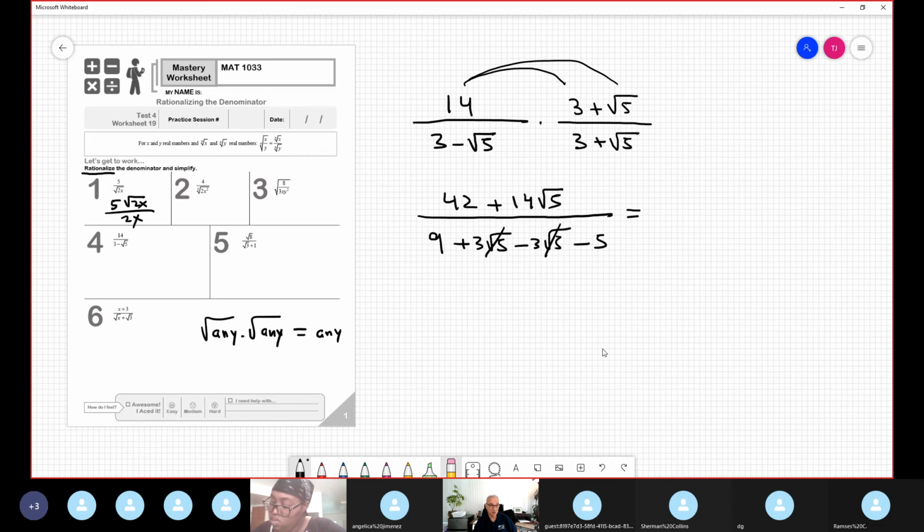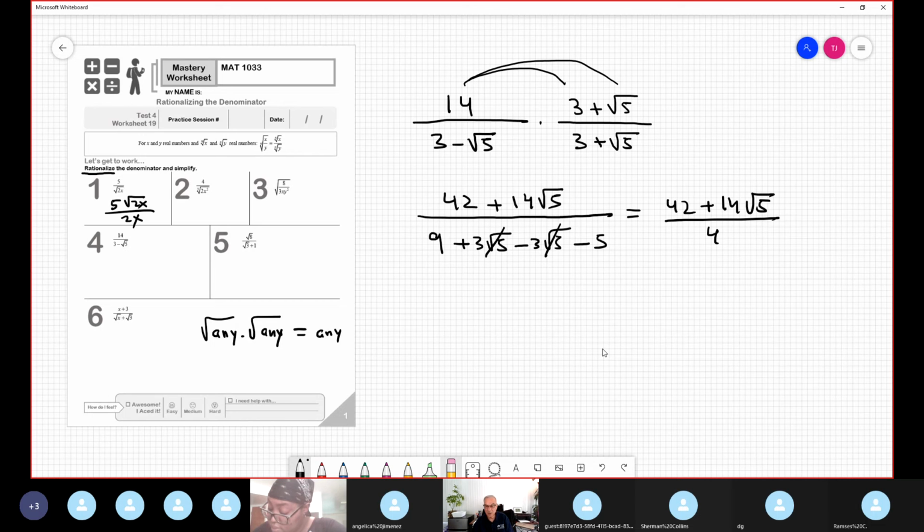This is the idea for the rationalization. The 42 plus 14 radical 5, divided by 9 minus 5, which is 4. We can reduce a little bit. 42 is divisible by 4?